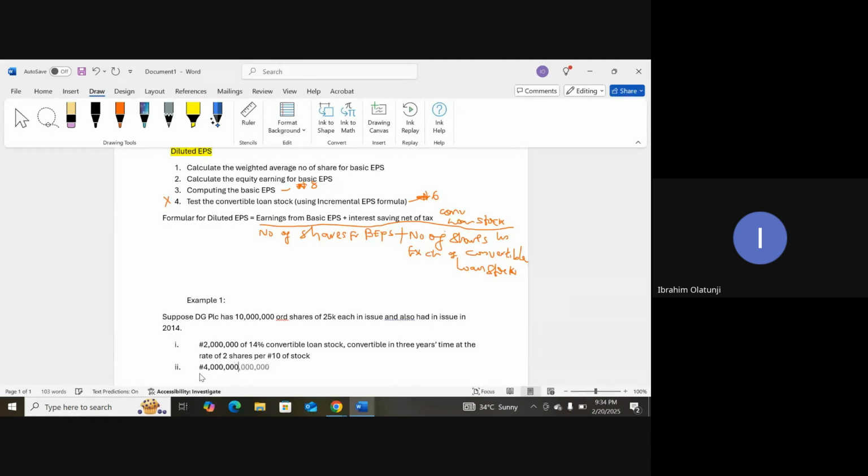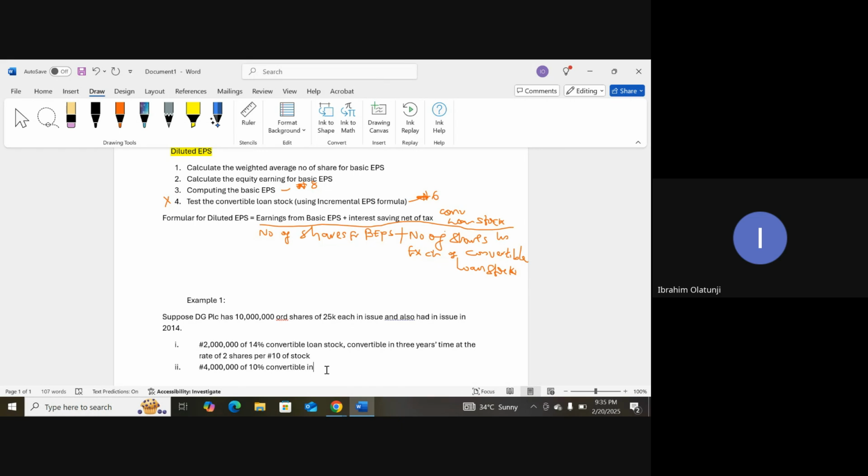I will read that again. 2 million of 14% convertible loan stock, convertible in 3 years time at the rate of 2 shares per 10 naira of stock.